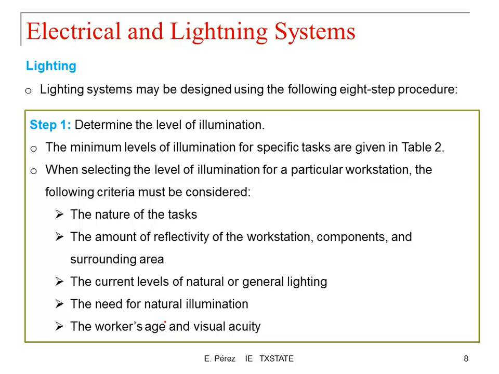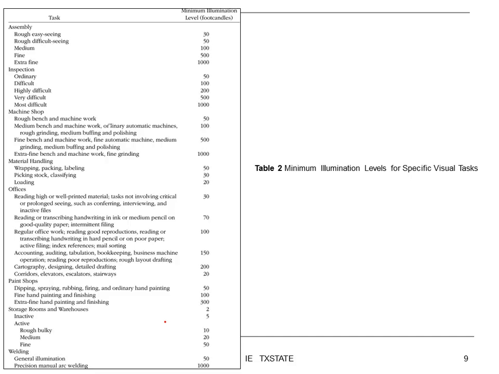So we have an 8-step procedure that we can follow to design lighting systems, and I'm going to walk you through this 8-step process. First of all is to determine the level of illumination. The minimum levels of illumination for specific tasks are given in table 2. Let me show you this table. Hopefully this table is also available in your textbook, so if you cannot read it right now, you might refer to the table in your textbook.